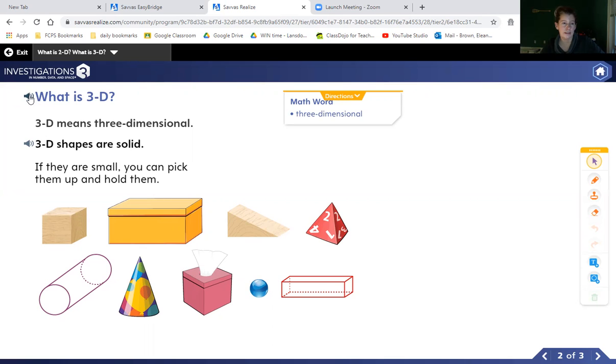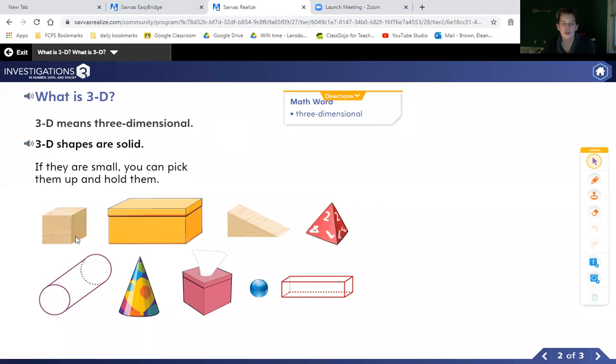Look at the difference. What is 3D? Math word, three-dimensional. 3D means three-dimensional. 3D shapes are solid. If they are small, you can pick them up and hold them.